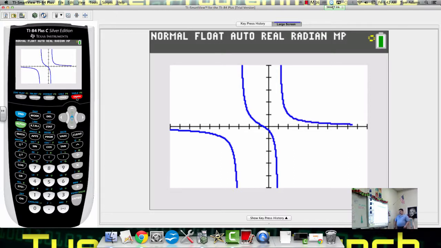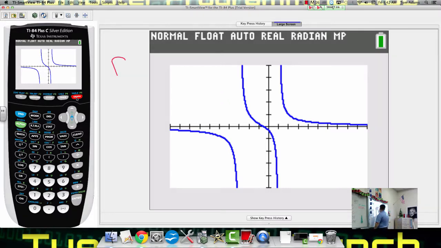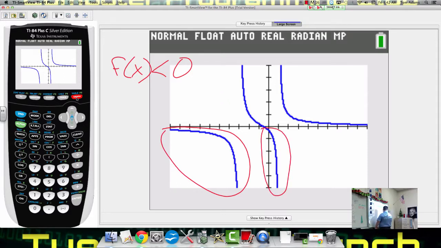Right? So this is the function from example number 5. And so what we're really looking at, let's use red. We want to know when f of x is less than 0. Well, that means this, those two scenarios.